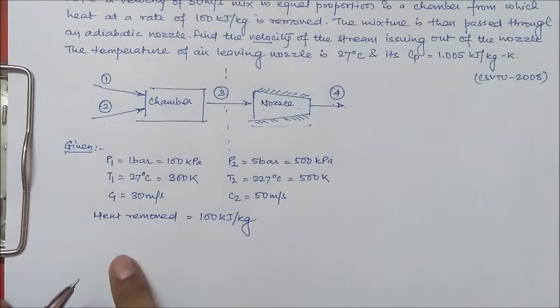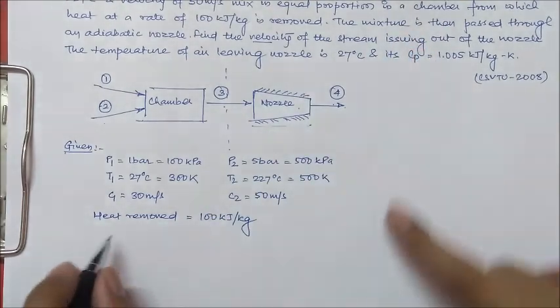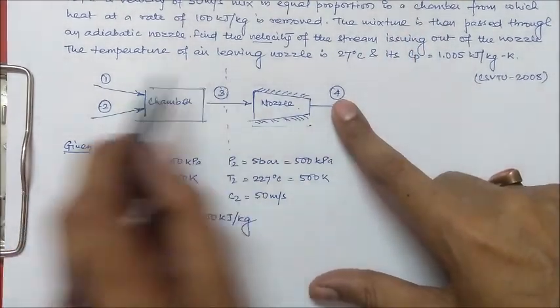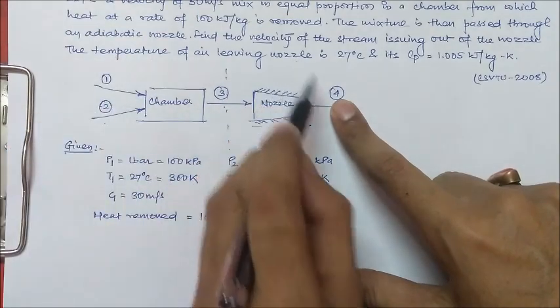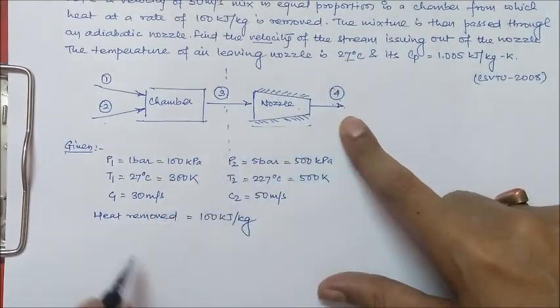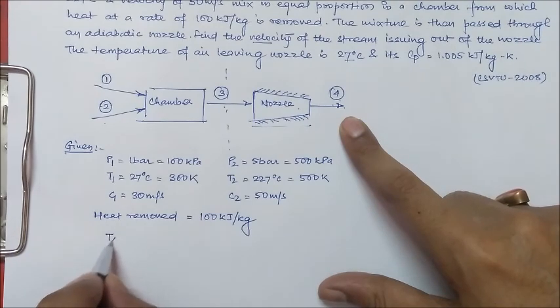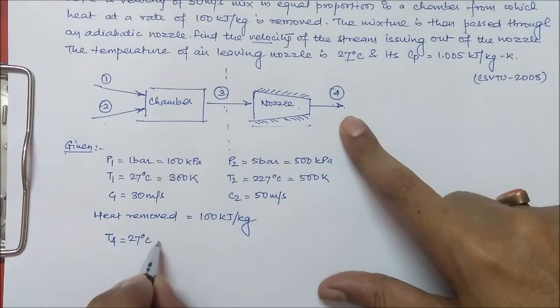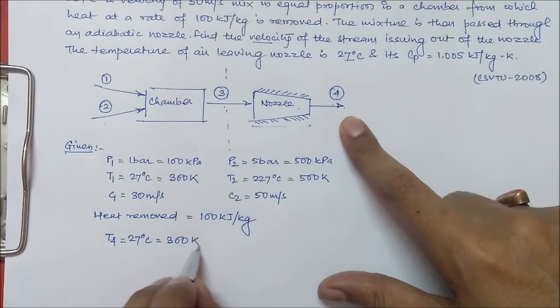Okay, this is given. Again, the temperature of the leaving stream at 4 is given as 27 degrees Celsius. So we have T4 as 27 degrees Celsius, which if we convert into Kelvin will be 300 Kelvin.